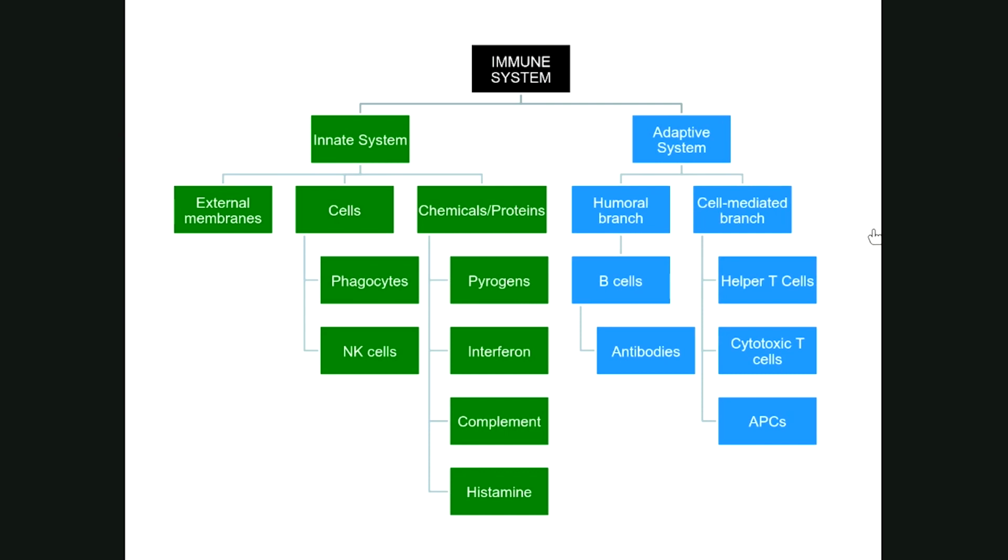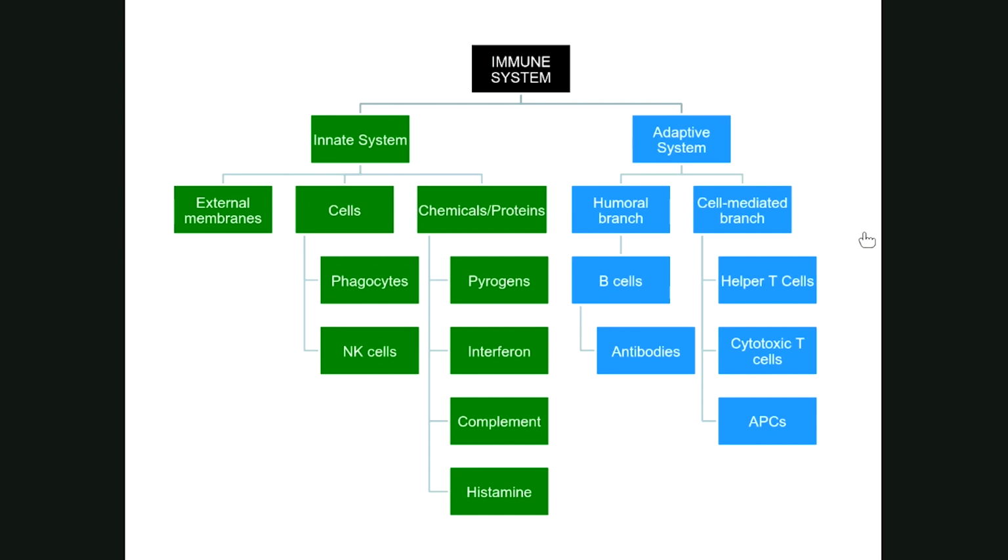We talked, when we first got into the innate system, about the fact that some viruses can actually get into cells of the body and take over the cells and cause them basically to become a virus factory. Once a virus or a bacterium or another microorganism is actually inside another cell, it's capable of hiding from the humoral branch.